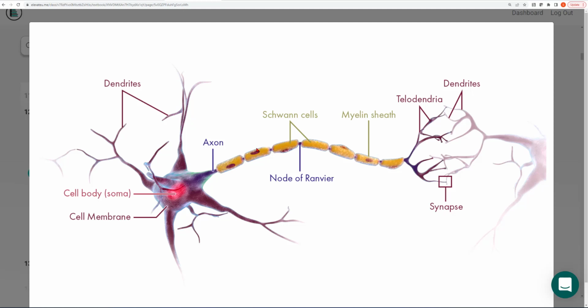That propagation occurs because the electrical signal essentially jumps or skips from node to node to node to node. So again, the Schwann cells are both insulating, but the myelin and the gaps, the nodes of Ranvier, are also providing a faster way for the electrical signal to travel down the axon.